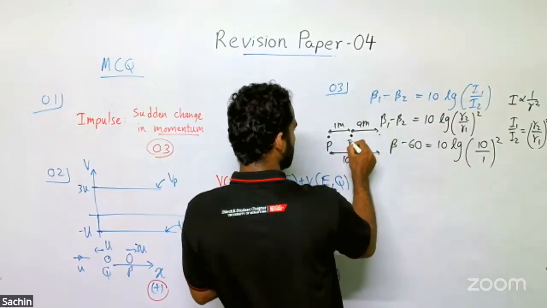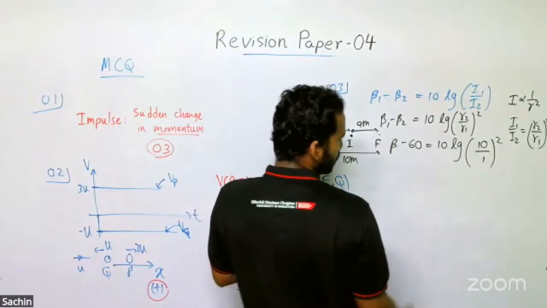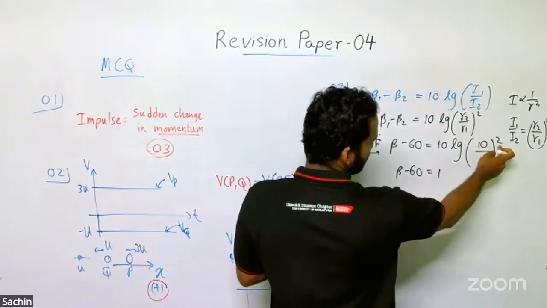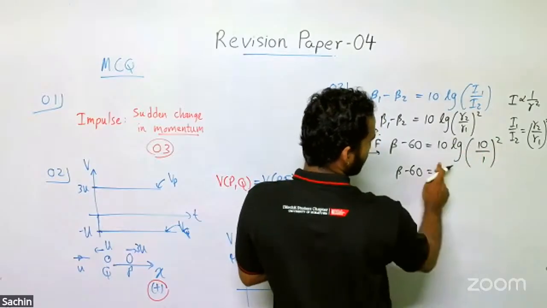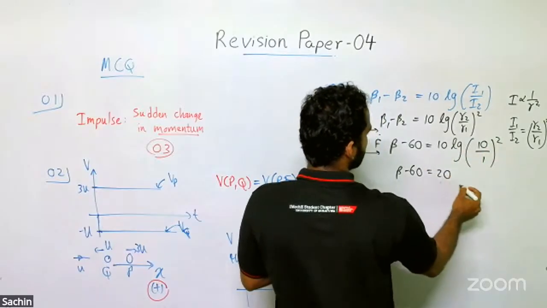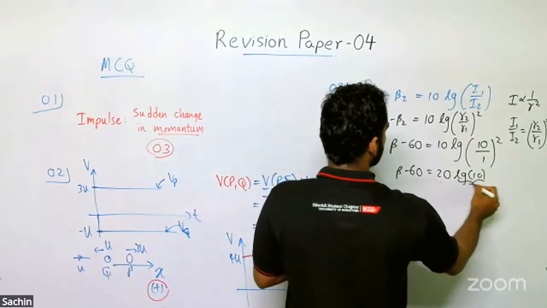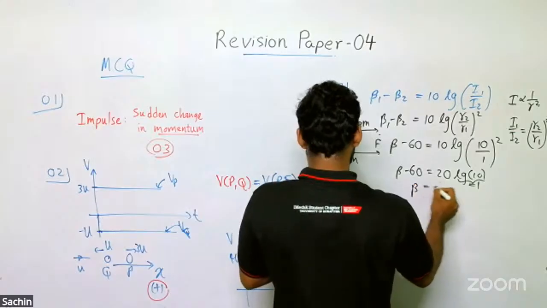Okay, this is initial, this is final. So beta minus 60 is equal to, when there is a power inside log, you can take it to the front, right? So 20 log 10, log 10 is 1, so beta is equal to 80.